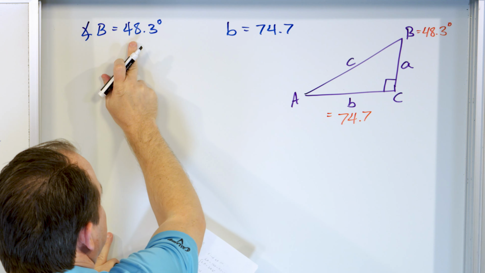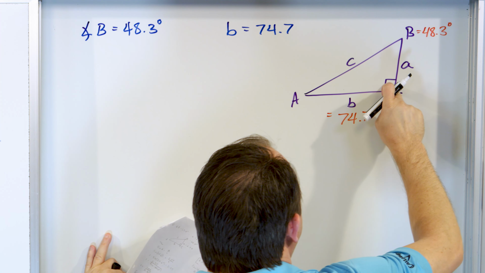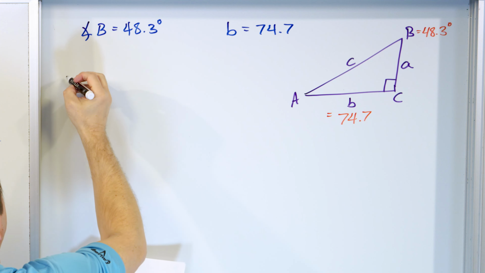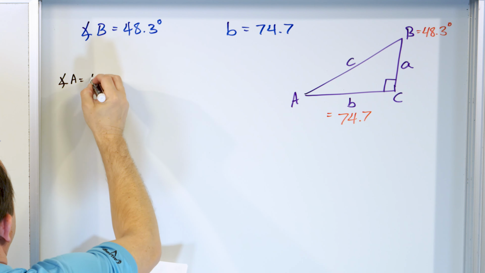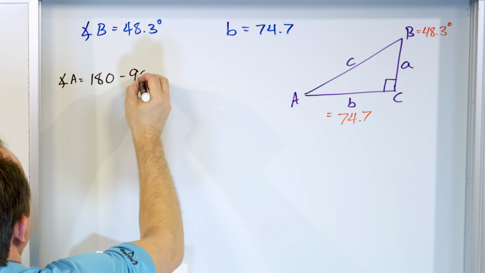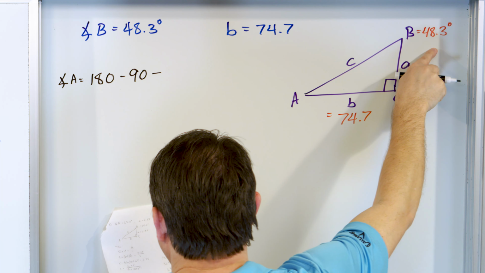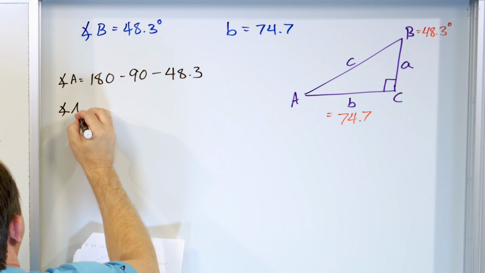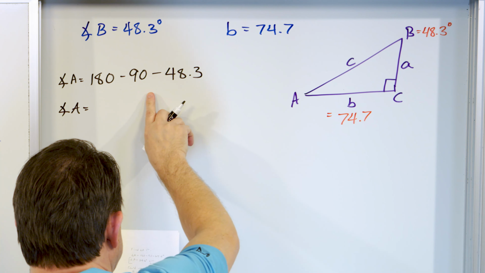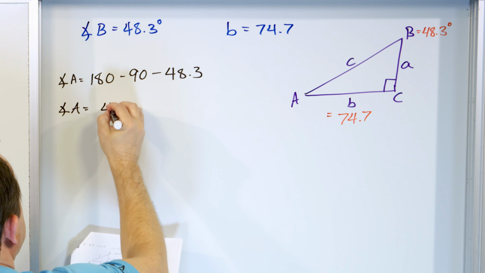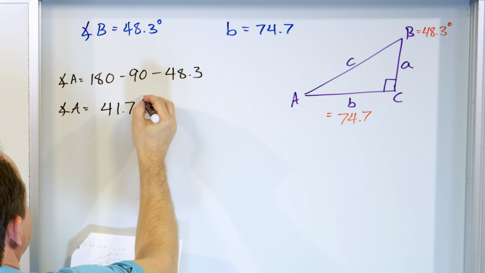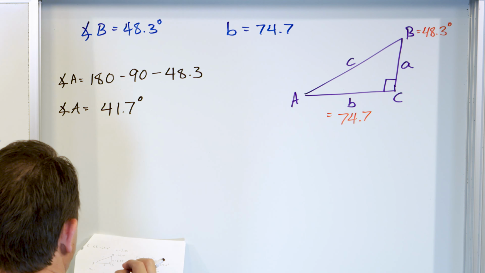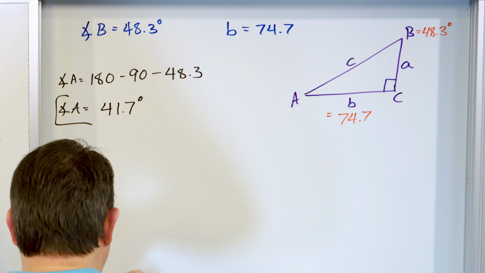I have angle B right here, and I also have angle C. So I can immediately solve for angle A. Angle A is going to equal 180 minus the 90-degree angle minus the other angle, 48.3. When you take 180 minus 90 minus 48.3, you get 41.7 degrees, and that's the final answer for angle A.